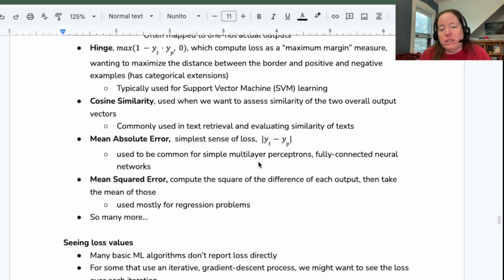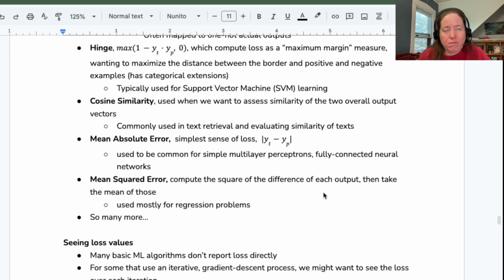It used to be really common for simple multi-layered perceptrons and other fully connected neural networks. It's not used so much anymore, but it exists. It's a simpler way of calculating loss. Regression problems will use mean squared error as the base one, and then there are lots of variations. It uses the square of the difference of each output and then takes the mean of those.